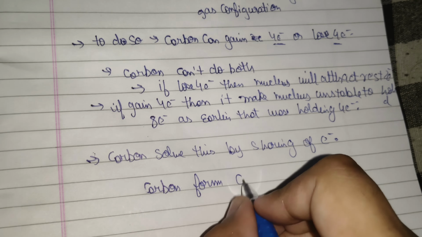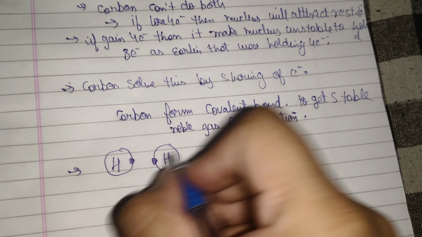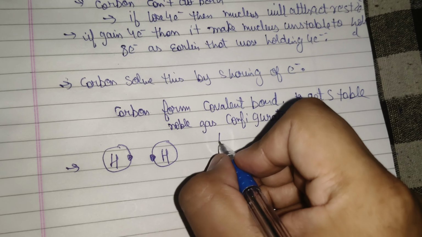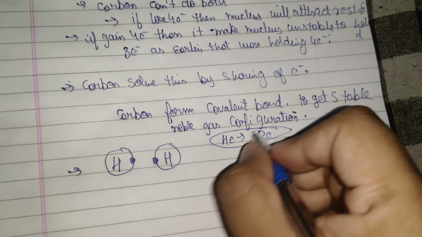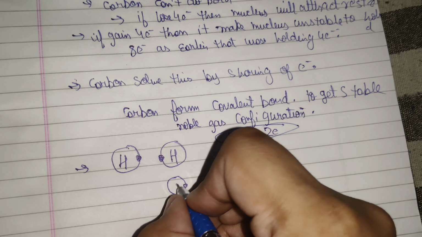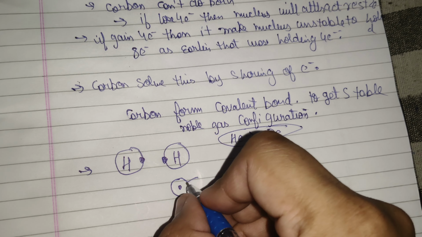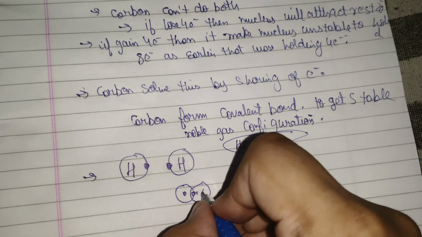Now we see how atoms share electrons to form a stable configuration. A hydrogen atom has only one electron, and another hydrogen atom also has only one electron. To gain the stable noble gas configuration of helium, it should have two electrons. So the hydrogen atoms share.